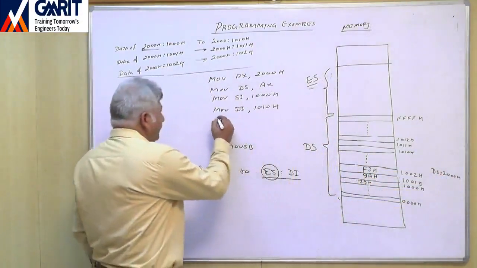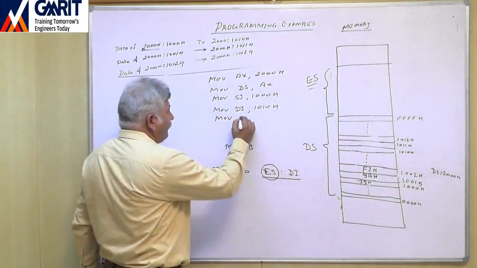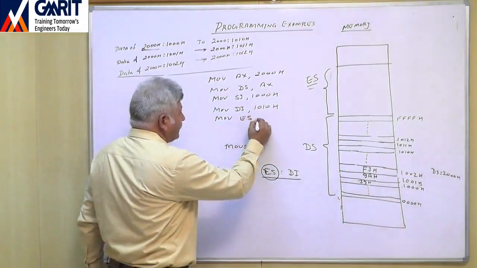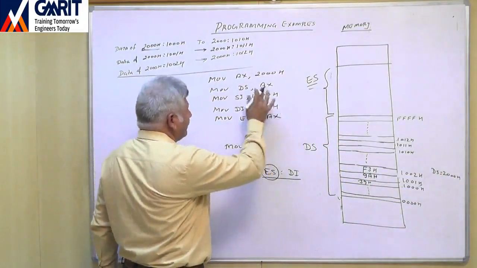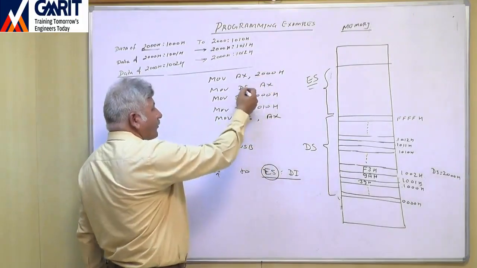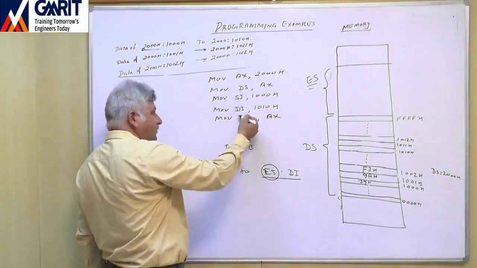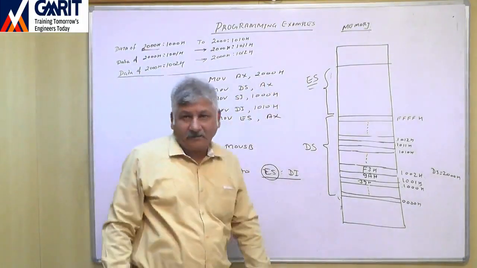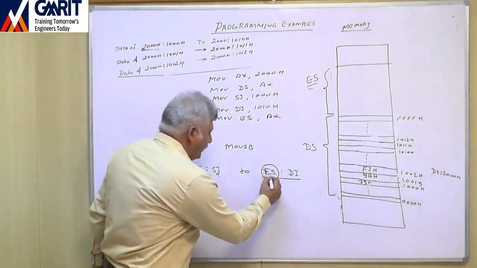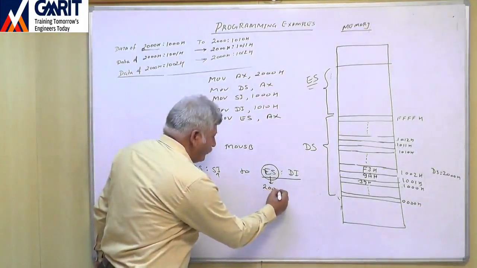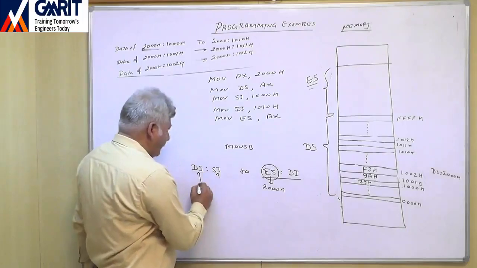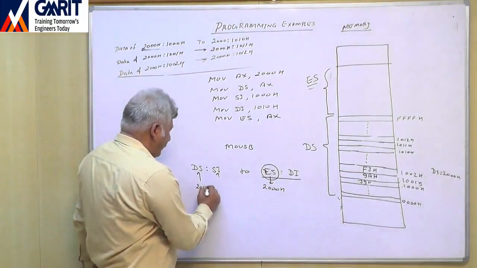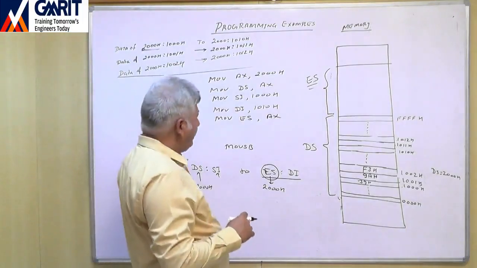So for that, MOV ES, AX. Whatever is the value of DS, the same we have stored in ES. So now the value of ES is also 2000H and the value of DS is also 2000H.